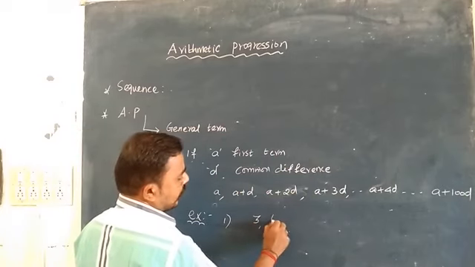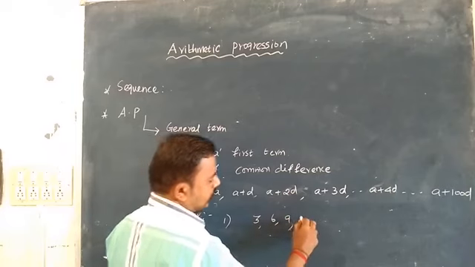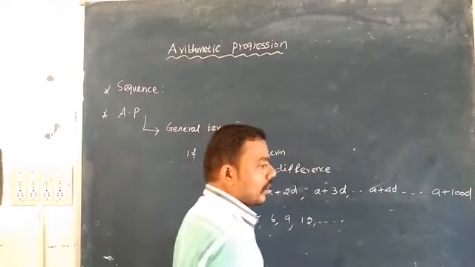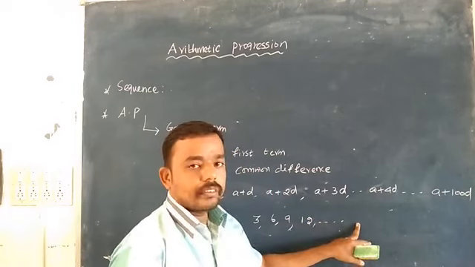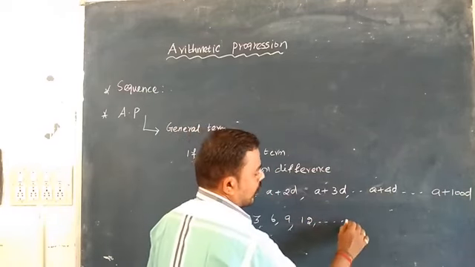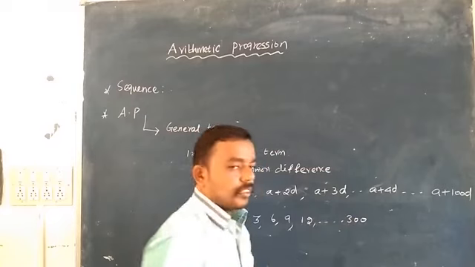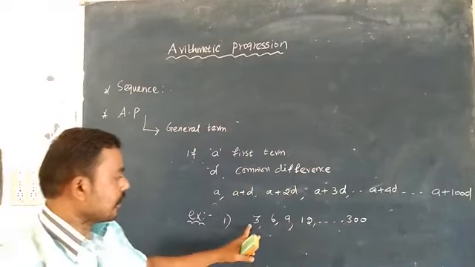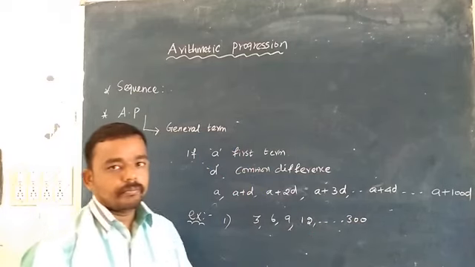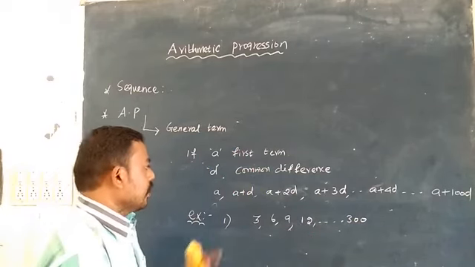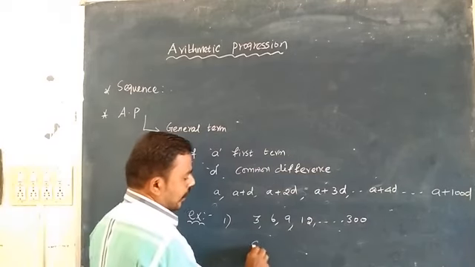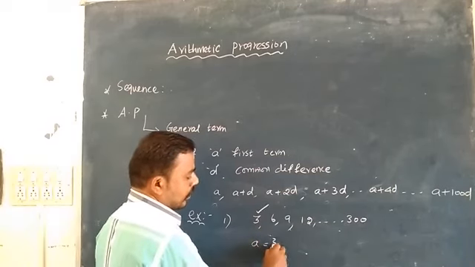suppose 3, 6, 9, 12 and so on. Here up to dot dot dot, instead of that you have 300. It means it's a finite sequence, a finite arithmetic progression, with a first term and a last term. Here what is the value of A? A equals the first term, 3.